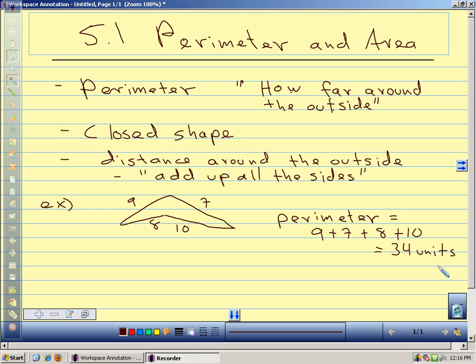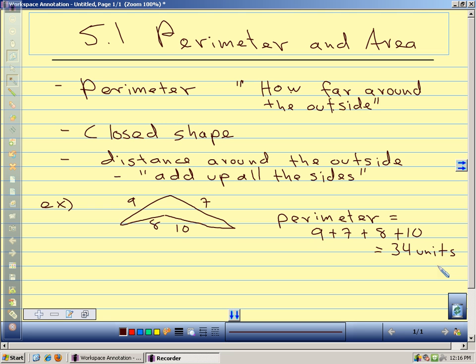And in this chapter and the next couple of chapters, we're going to need to be careful with how we use our units. When we're talking about perimeter, we're talking about a length. So we always measure length in units, in centimeters, in inches, in meters. When we talk about area, we talk about square units, square inches, square miles, square feet.